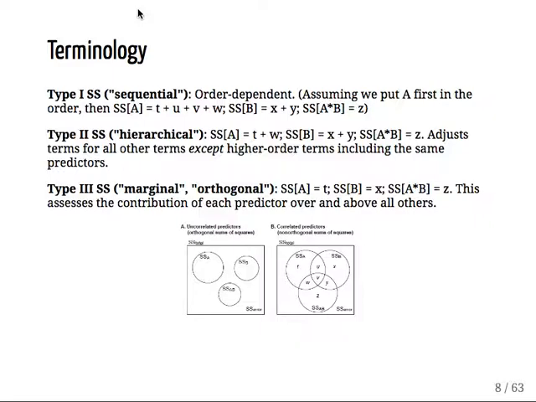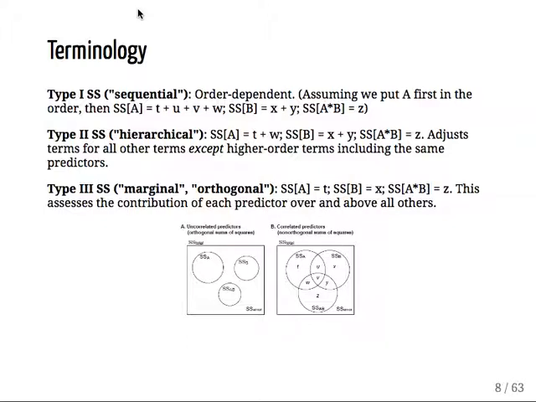So the terminology is you have type 1 sums of squares, and they're known as sequential sums of squares. And this is the default for R, and it's basically the order in which you put in things influences the results. So we put in A first, and that is T plus U plus V plus W, and then you put in B, which is X and Y, and then you put in the interaction, which is Z. So that's the sequential way of doing it.